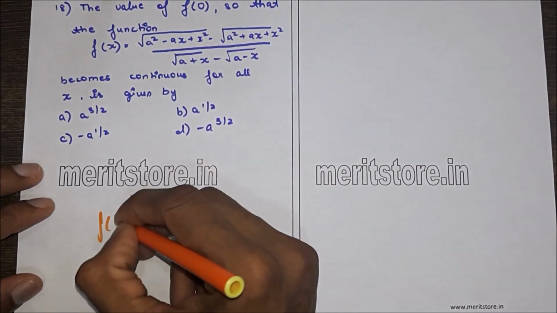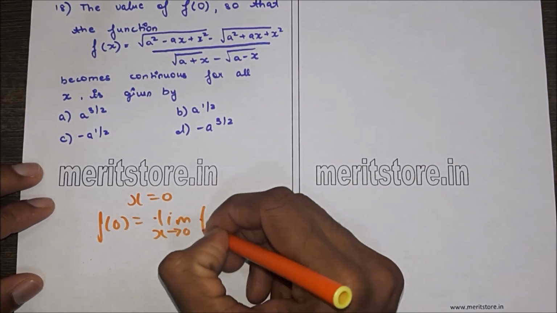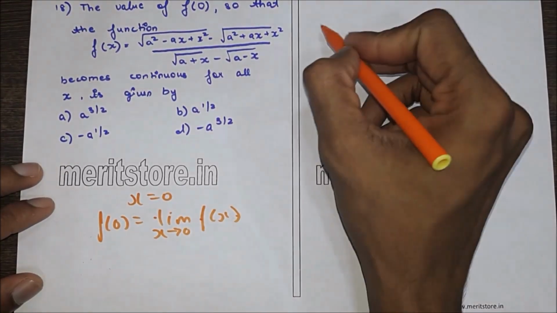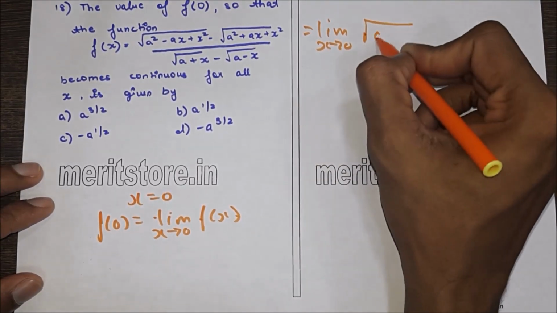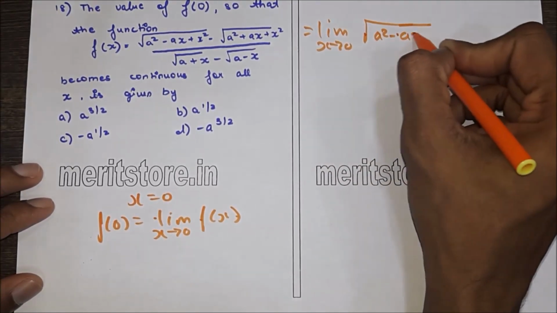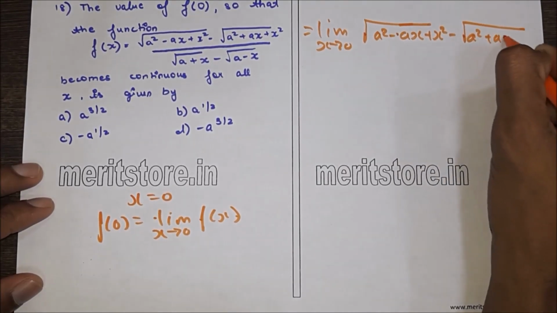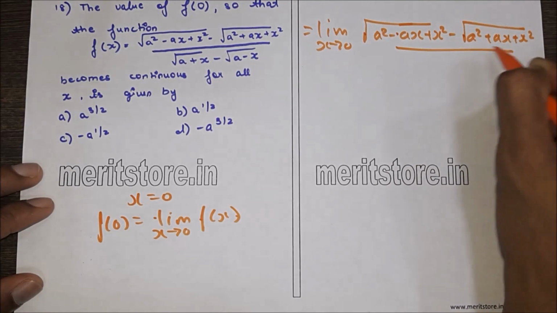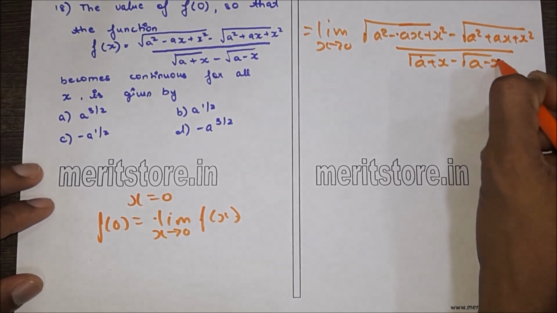So f of 0 equals limit x approaches 0 of f of x, so we can write this as limit x approaches 0 of root of (a squared minus ax plus x squared) minus root of (a squared plus ax plus x squared), upon root of (a plus x) minus root of (a minus x).